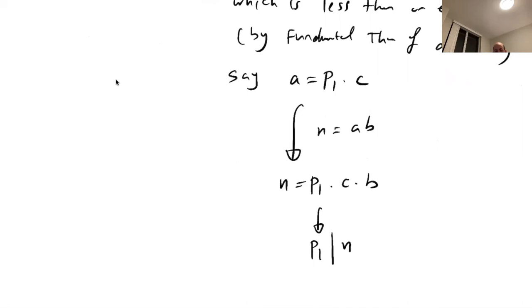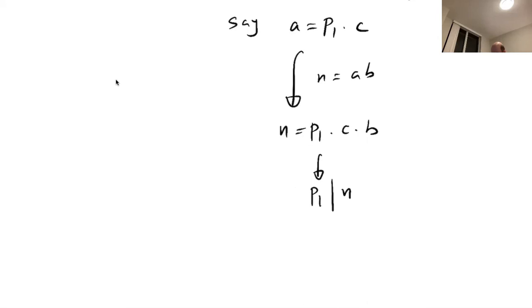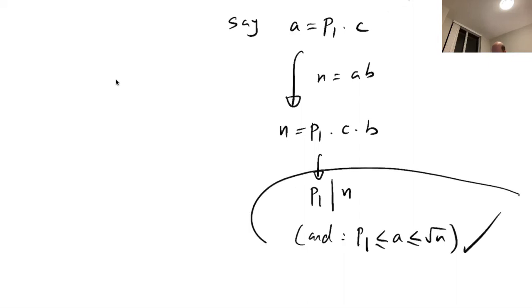I wanted to show that N has a prime factor which is less than or equal to root N. I found the prime factor P1. Is it less than or equal to root N? P1 is less than or equal to A, but A itself was less than or equal to root N. So these two together give me what I needed.